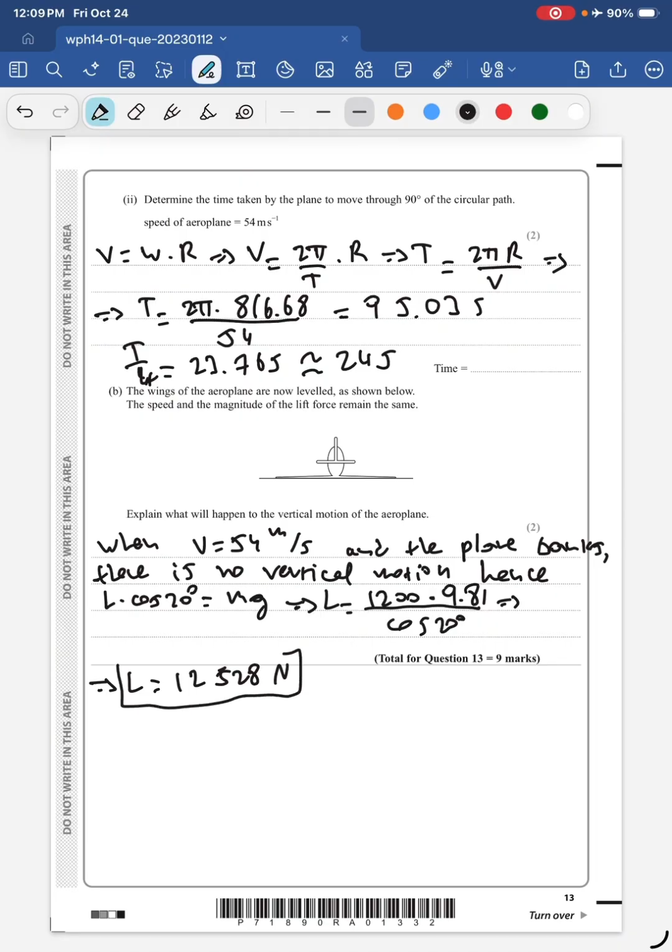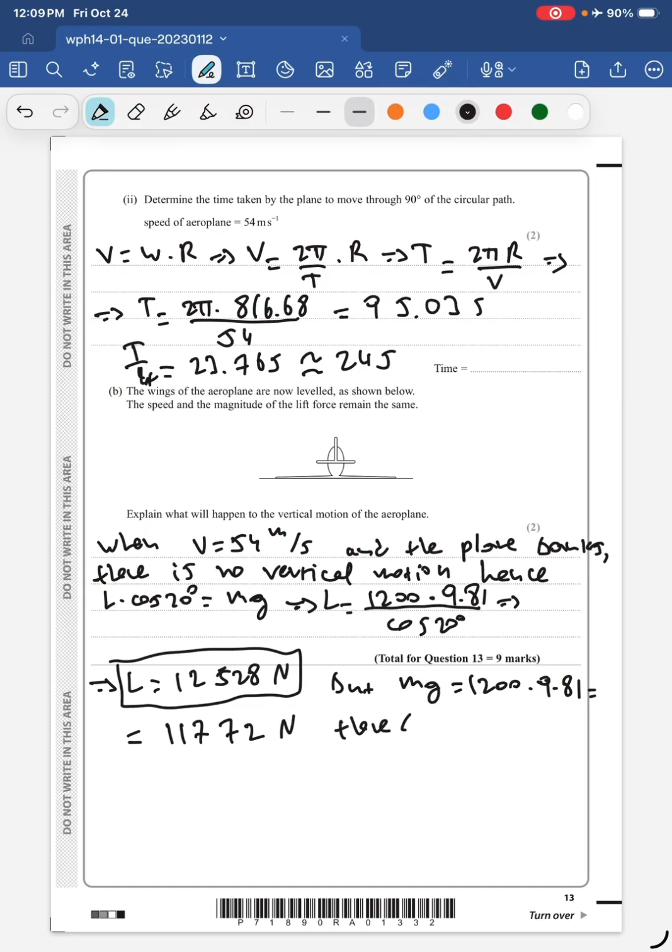So this is the lift force, but m times g is 1200 times 9.81, which is 11,772 newtons.